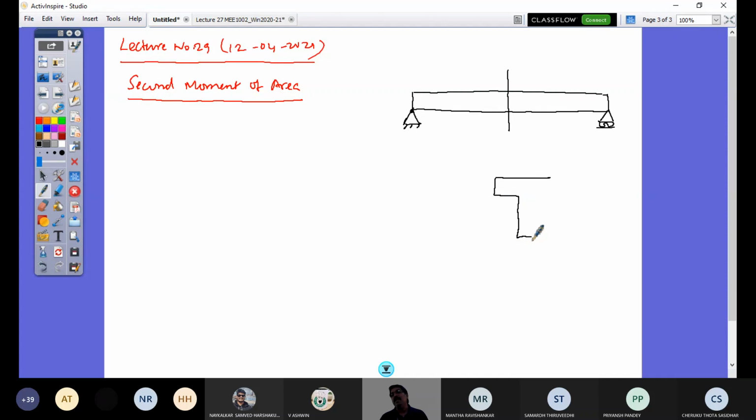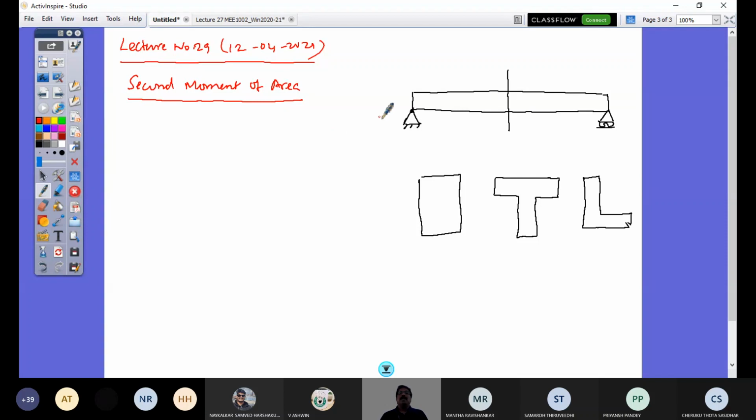Say this is of T section, or it can be of rectangular section for simplicity. So this beam can be of rectangular section, T section, or L section, and so on. So here there is something called the neutral axis.